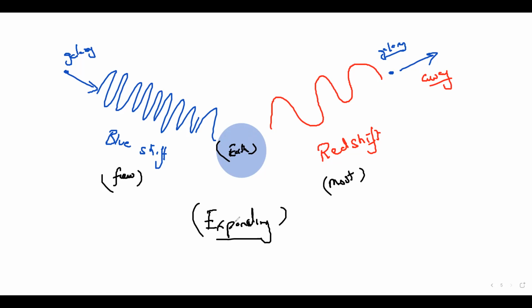How do we say the universe is expanding according to this Doppler effect? Because the wavelength which we receive from the galaxies moving away from us gets longer, giving a red shift, and most of the galaxies are giving a red shift rather than a blue shift. That's why we say the universe is expanding.